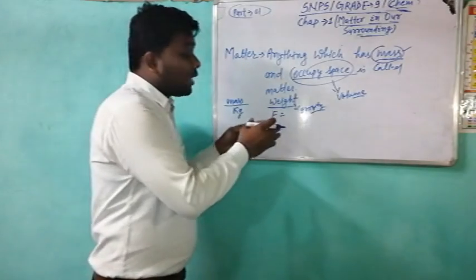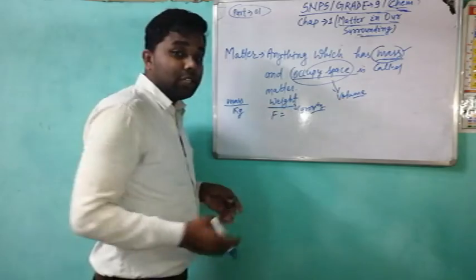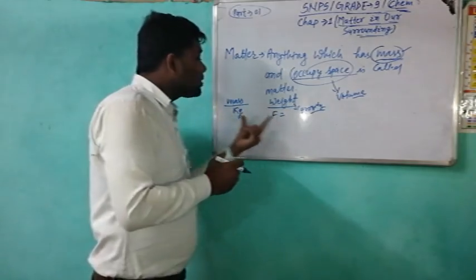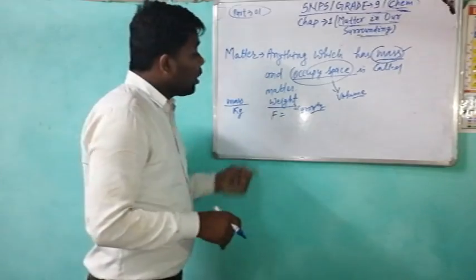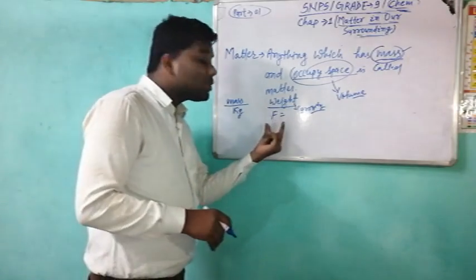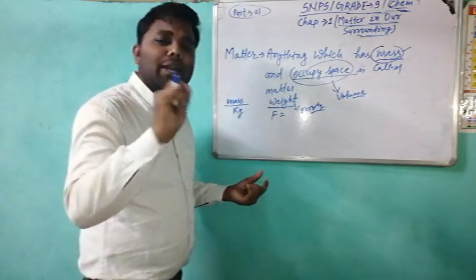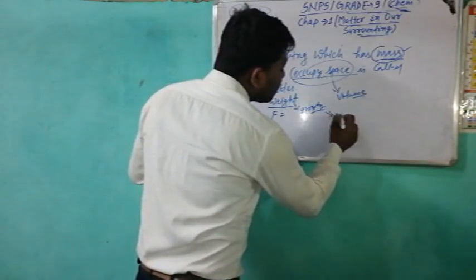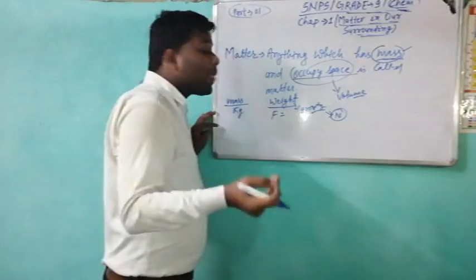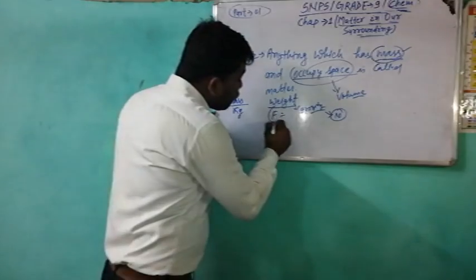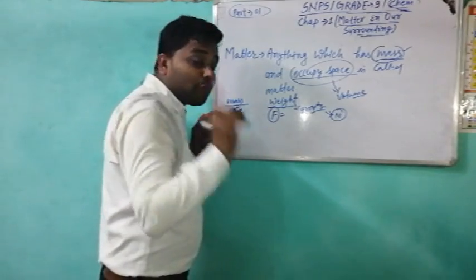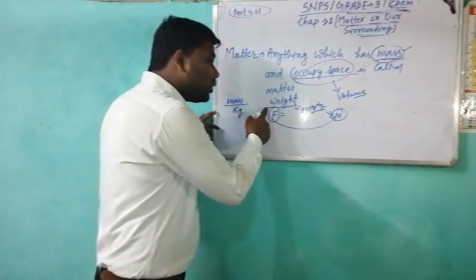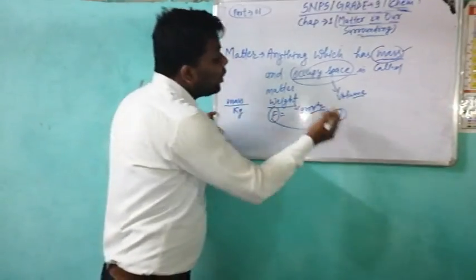I am not going to elaborate on the term gravity here; I am going to show you the differences between mass and weight only. The SI unit of weight is Newton, because weight is a force and the unit of force is Newton.